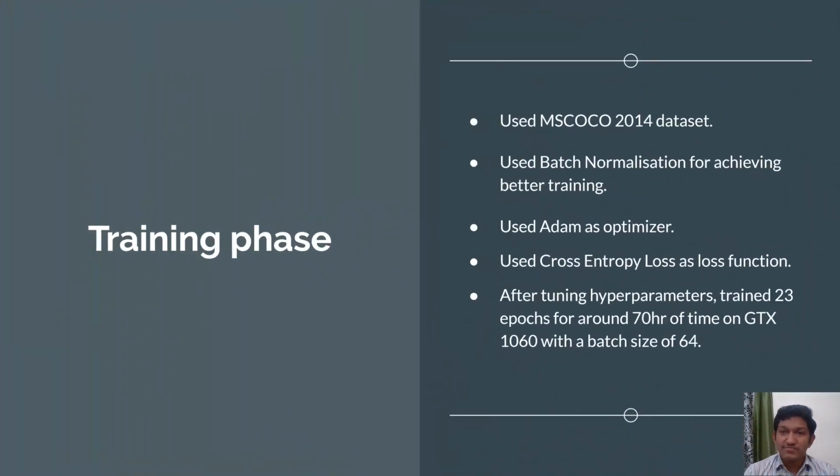Moving on to the training phase, we used the MS COCO dataset. This dataset is around 25 GB in size. We used batch normalization for achieving better training and for using a large batch size, and to get better results.